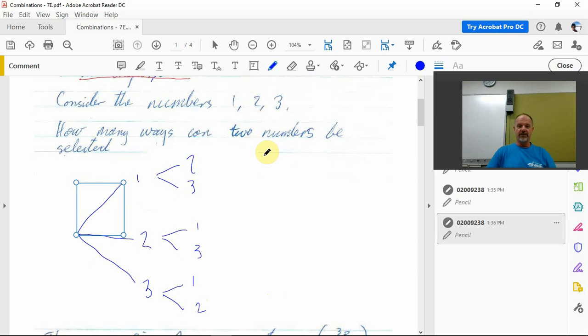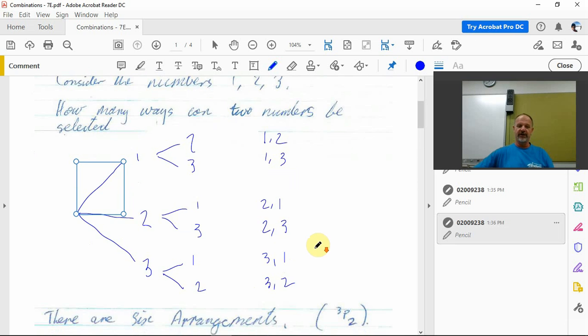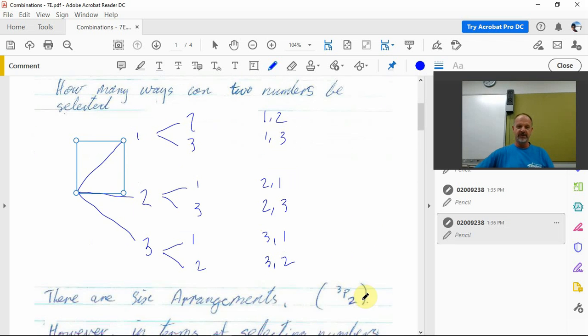So the arrangements here are 1 then 2, 1 then 3, 2 then 1, 2 then 3, 3 then 1, and 3 then 2. You can see from that there are six arrangements, 3P2.